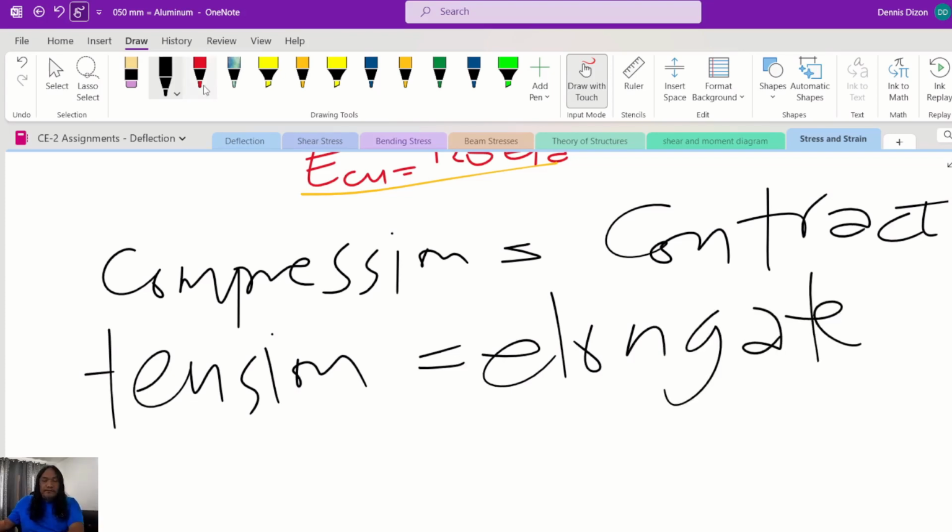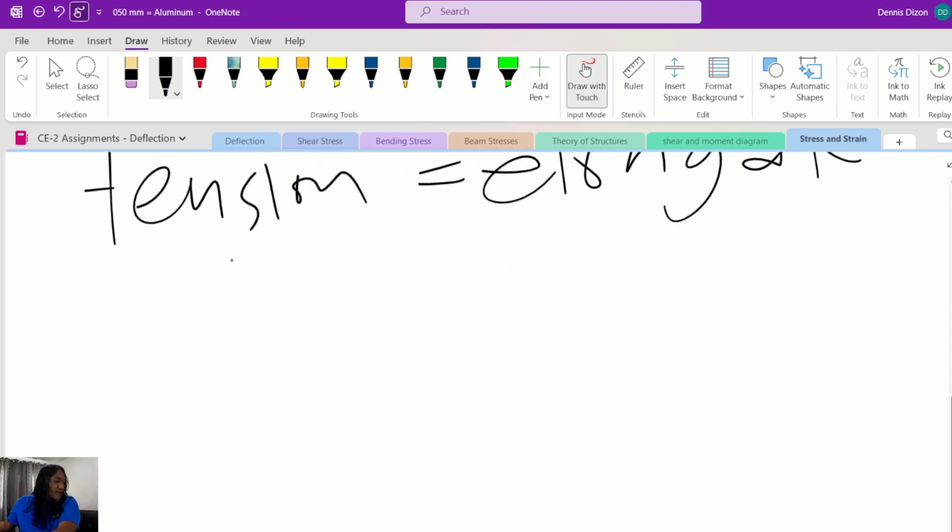So the strain formula is, say, change in length. It could be due to force or it could be due to temperature change. And then it could be a compression, like a contraction on your member, or an elongation of the member.